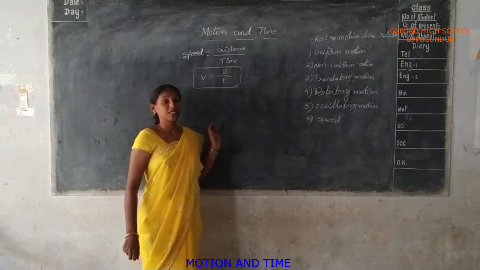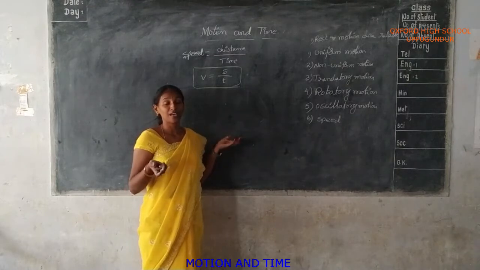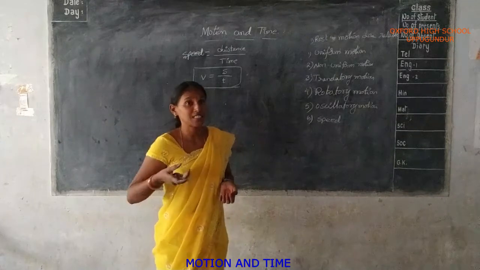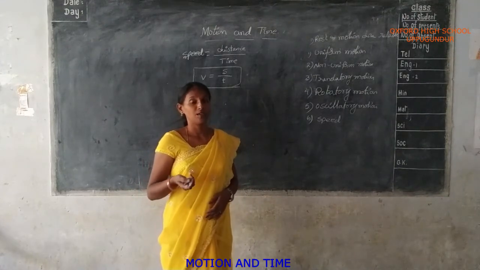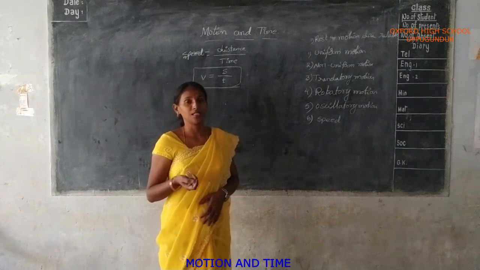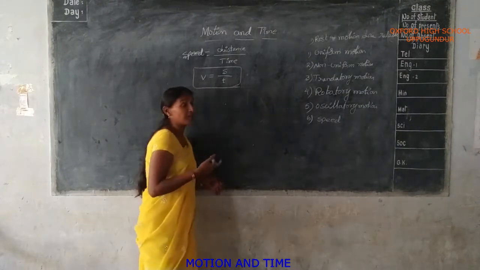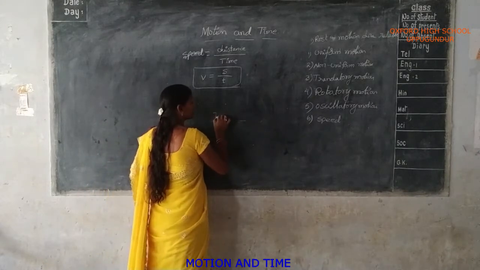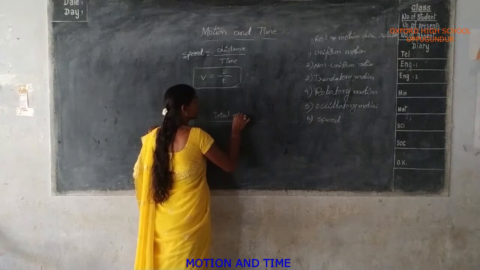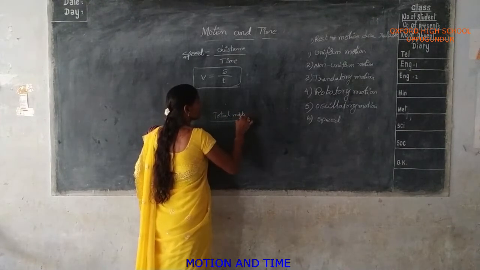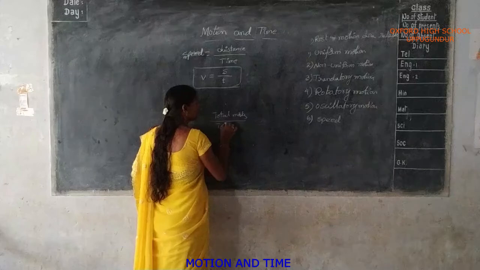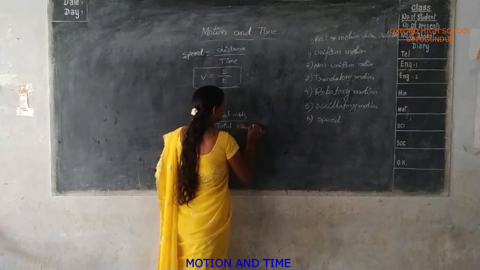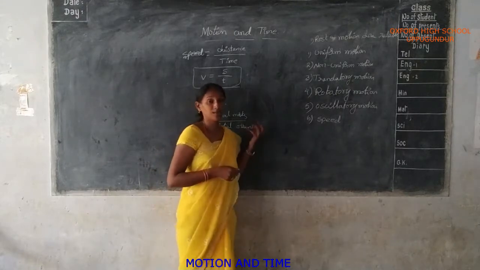Average speed means, for example, in mathematics or any subject, you find the average marks in maths. How do you find the average? It is total marks by total strength only.